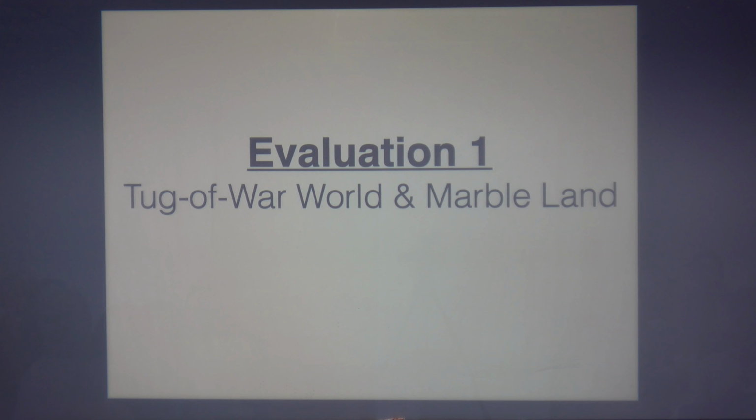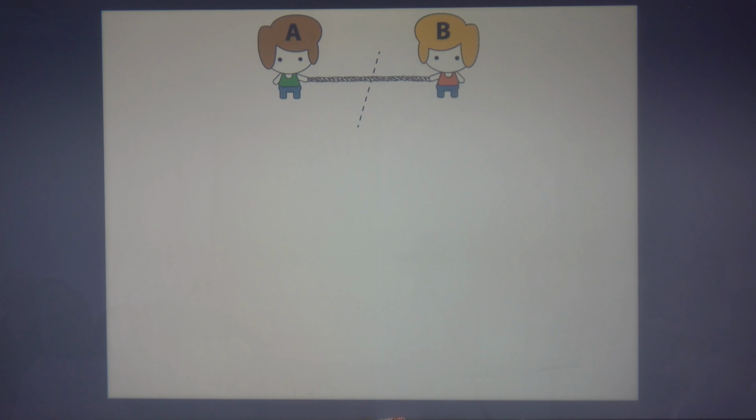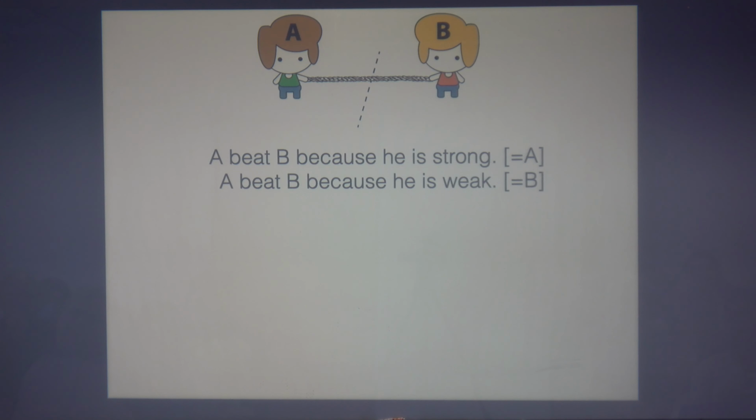So in evaluation 1, I'm going to call it Tug of War World in Marble Land. It'll be obvious why in a moment, right? We have a little world in which there are two people playing tug of war. Let's call them Al and Bart. And you can say things like Al beat Bart at tug of war because he's strong. This is probably Al. Al beat Bart because he's weak. The weak one, the he there, is probably Bart. Al lost to Bart because he's strong.